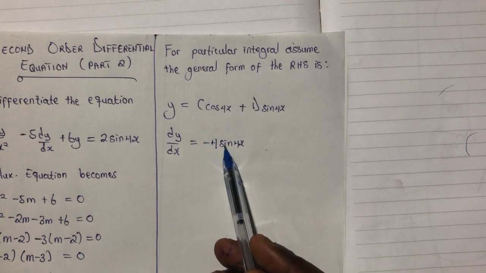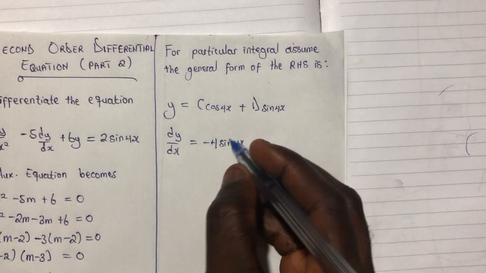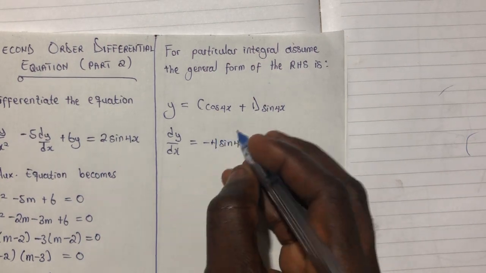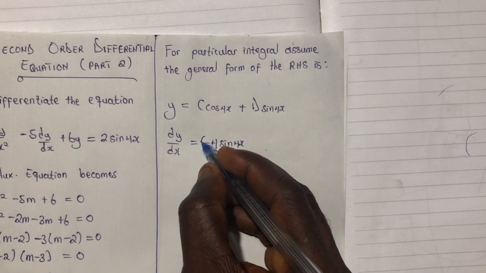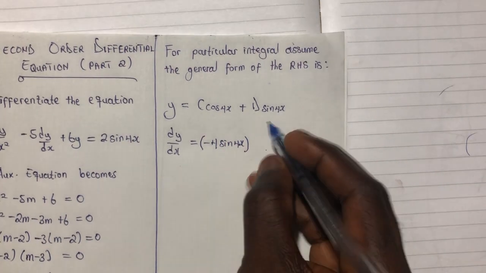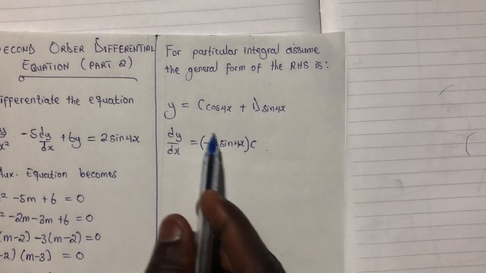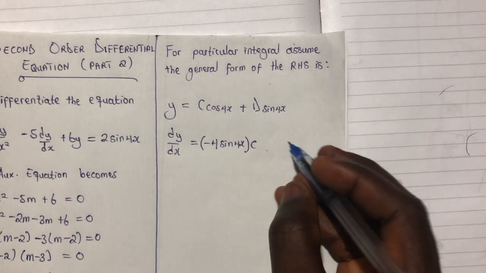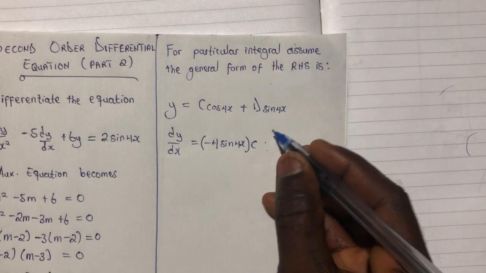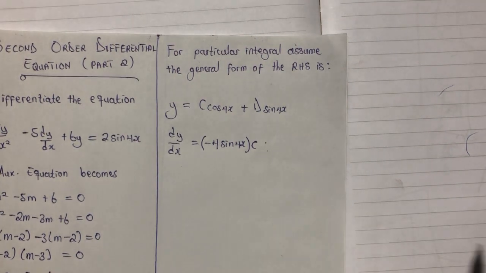You get minus sine, and this is the minus. But I was supposed to bring my constant, so let me put this in bracket, multiply by c. I was not supposed to do it this way, but because I didn't write the c, that is why I brought it here. Plus, now when I differentiate sine, I'll get what?